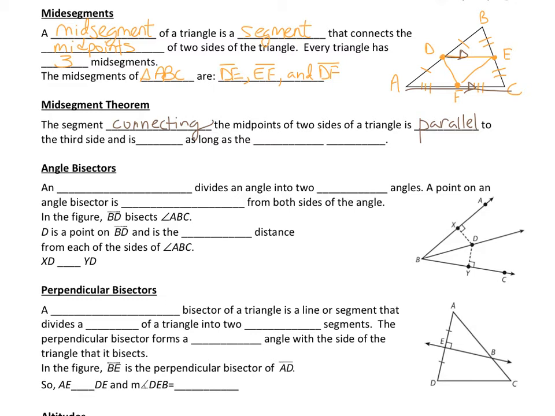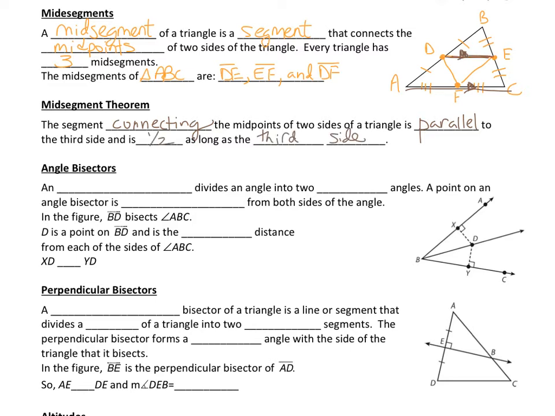If you look up at my picture above, that means that segment DE, our midsegment, is going to be parallel to the third side, and that would be AC. The length of it is going to be half as long as the third side as well.